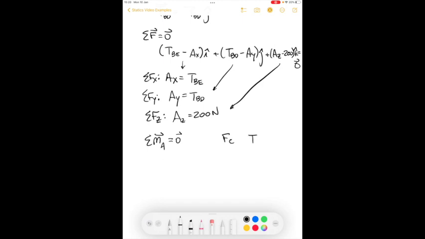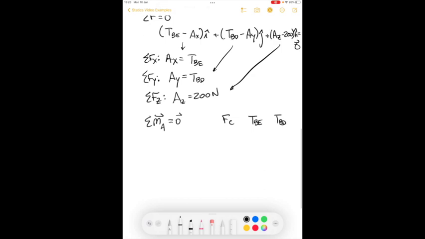There's the force FC, TBE, and TBD that create a moment. So we're going to take the cross product of those. Well, force FC is here. Here's the point A. So there's some vector we'll call RC that points to that force. And there's also some vector RB that points to our two tensions here.